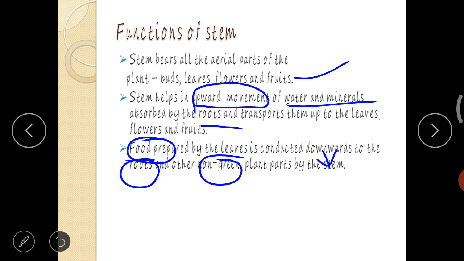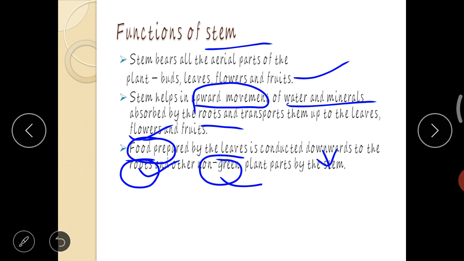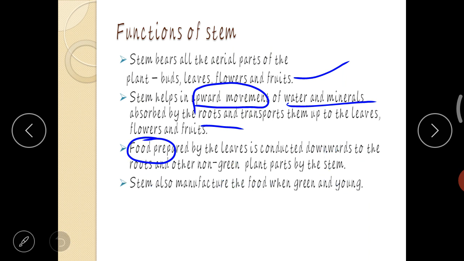Next, the stem also manufactures food when it is green and young.